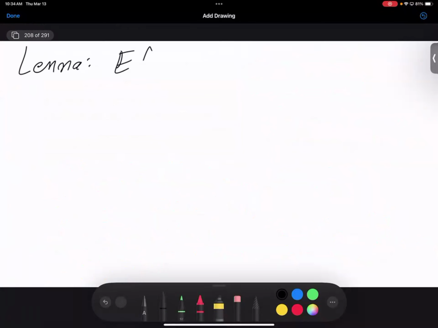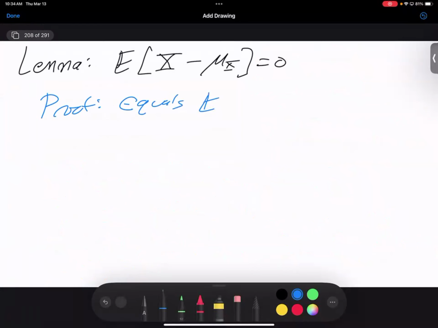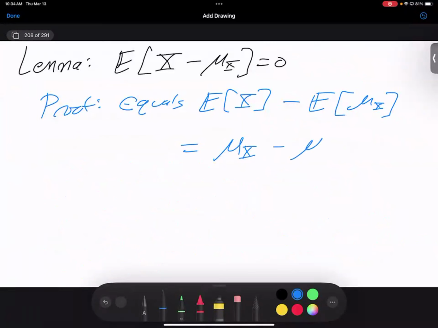The expected value of x minus its mean equals 0. Proof. It equals the expected value of x minus the expected value of the mean of x. What is the expected value of x? The mean of x. What's the expected value of any constant? That constant. So you get 0.